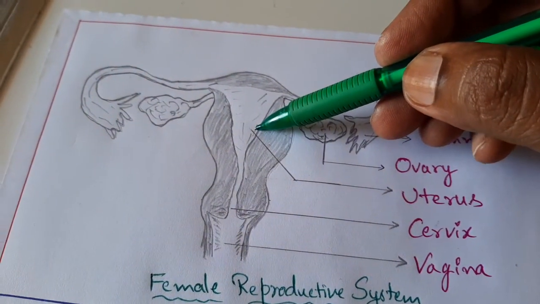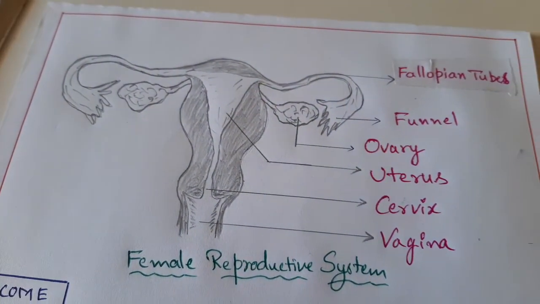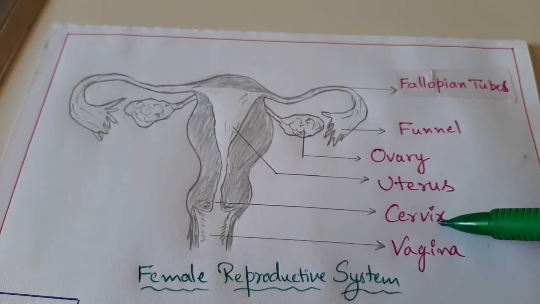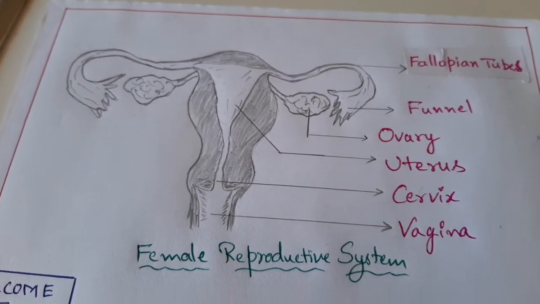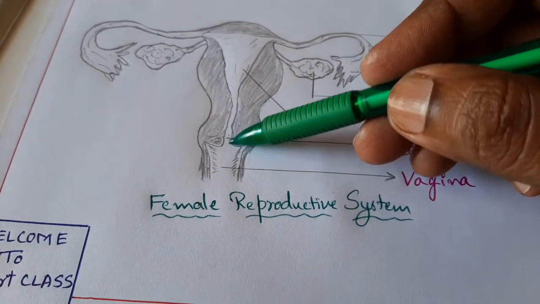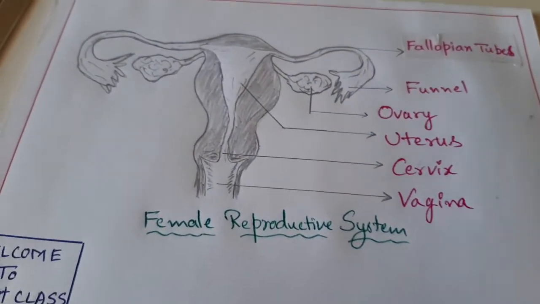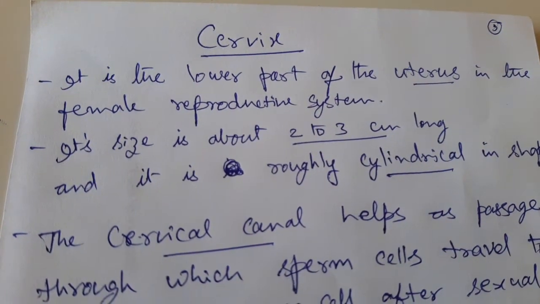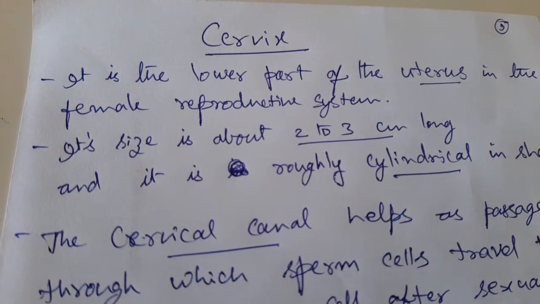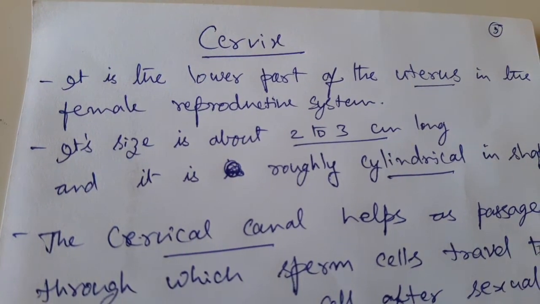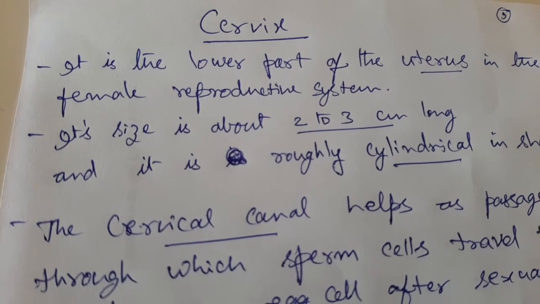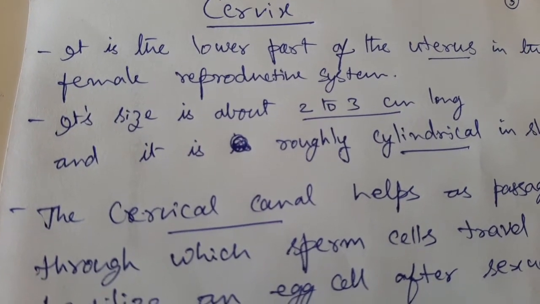Okay. Now come to the next part, that is cervix. So this is cervix. First point, cervix is the lower part of the uterus in the female reproductive system. It is the lower and narrower part of the uterus.